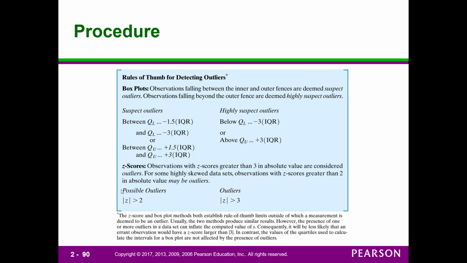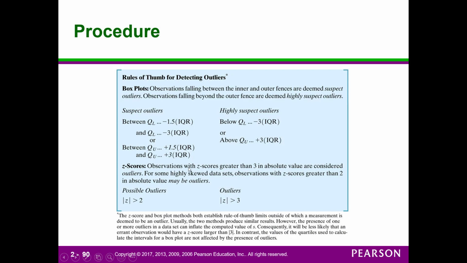We conclude this section with some rules of thumb for detecting outliers. Box plot: observations falling between the inner and outer fence are deemed suspect outliers. Observations falling beyond the outer fence are deemed highly suspect outliers, as we've seen here.